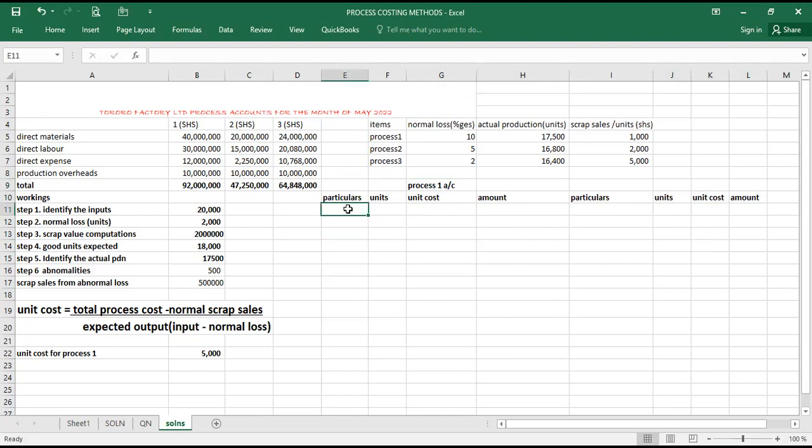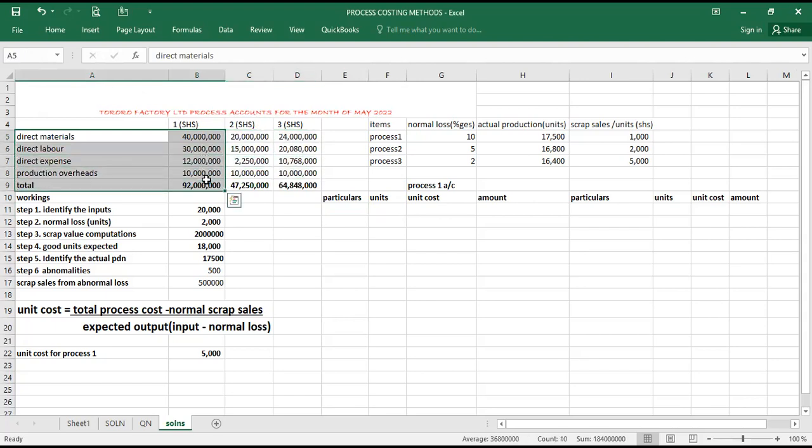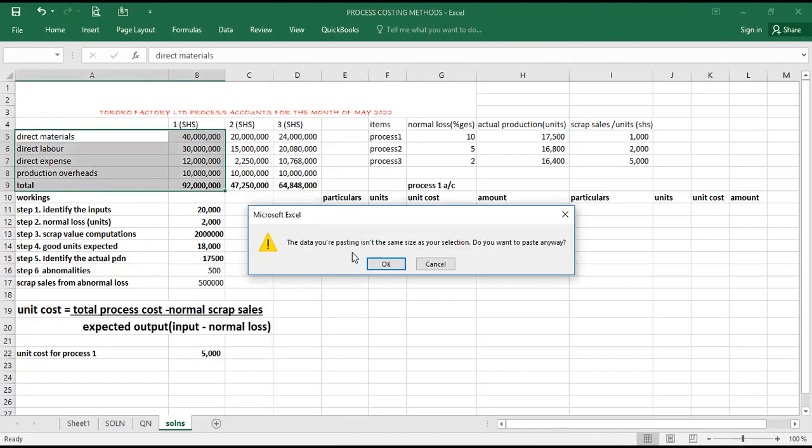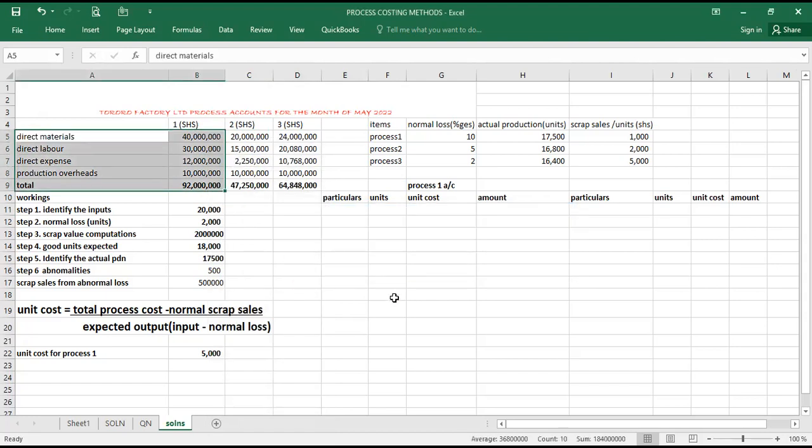Okay. We start our particulars. We are putting in these figures. We can just drag this, the whole of these ones, and post them there. Sorry, we are taking on this. Yeah, we are pasting this one here.